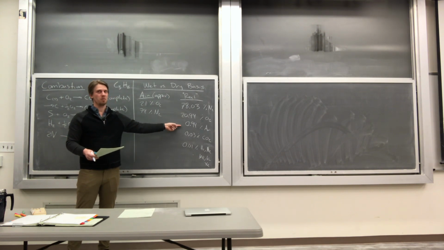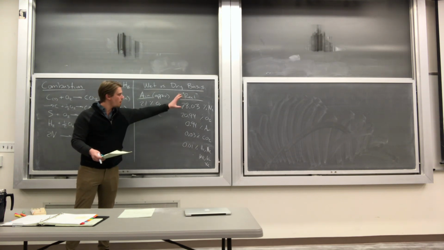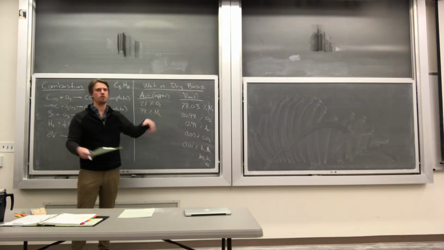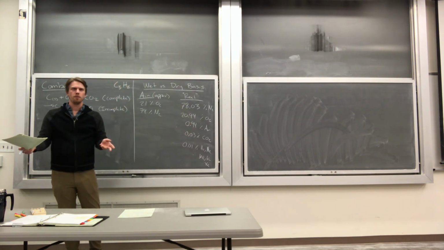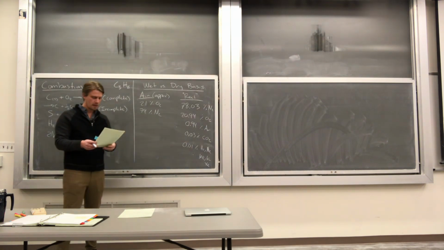Argon doesn't really react with anything, so we can easily lump it in here. CO2 is not really a concern for combustion because it's already the product of it. So we lump all of these other things into the nitrogen because it's inert. For most all of our processes, the nitrogen is just there along for the ride, particularly for combustion.